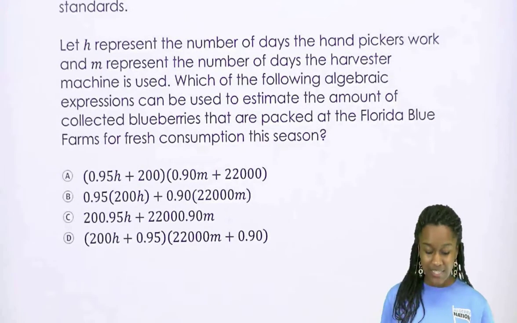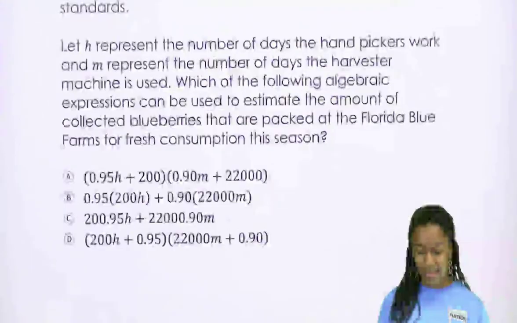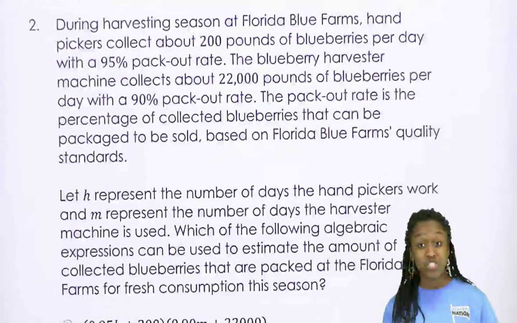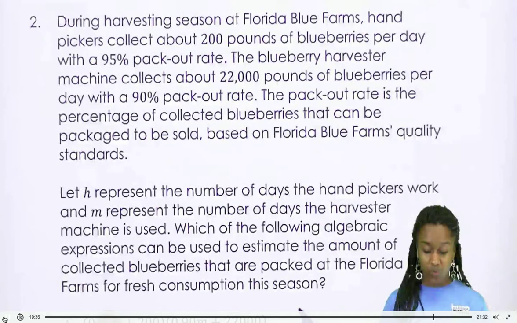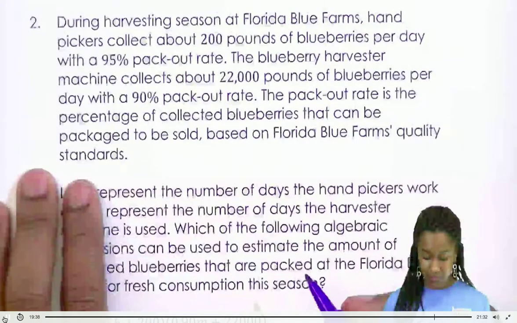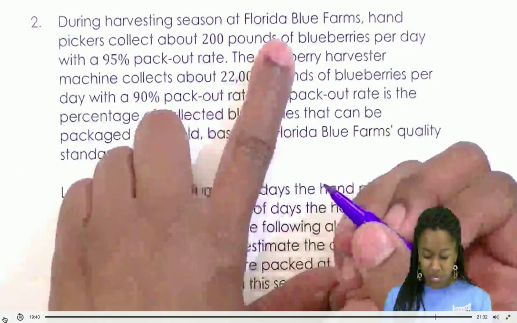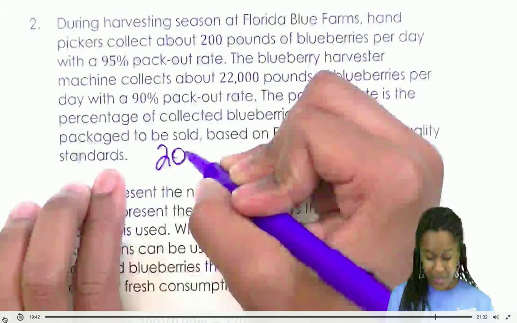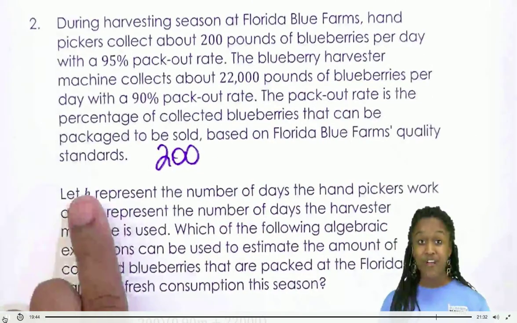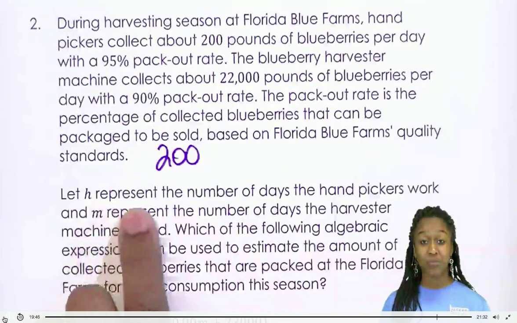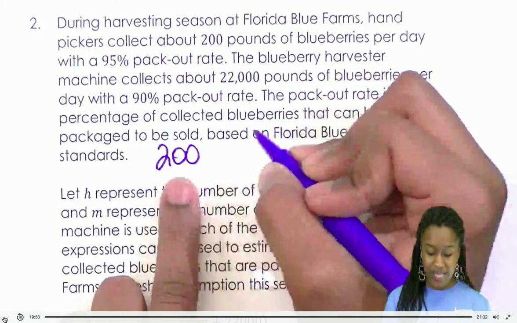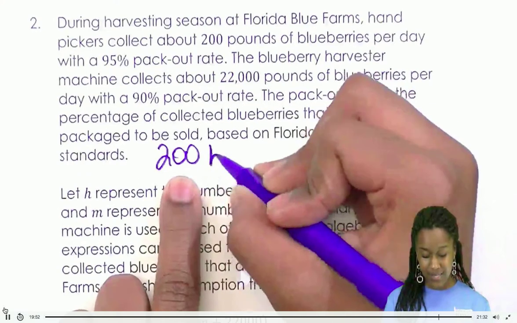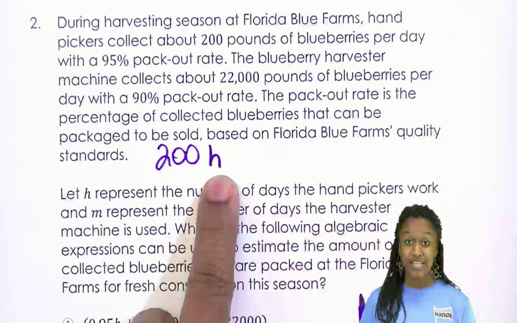Okay, let's work this out, right? So what I would like to do is write the expression first and then match the expression with the correct answer choice, right? So we know that hand pickers pick 200 pounds per day. We already have a variable here, H, that represents the number of days hand pickers work. Now we need to multiply the pounds per day times the number of days the hand pickers work.